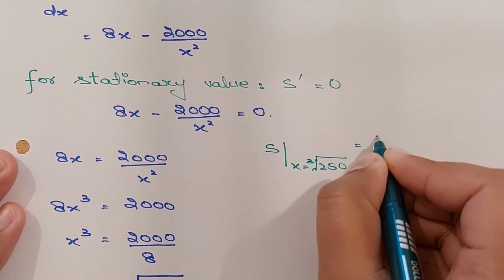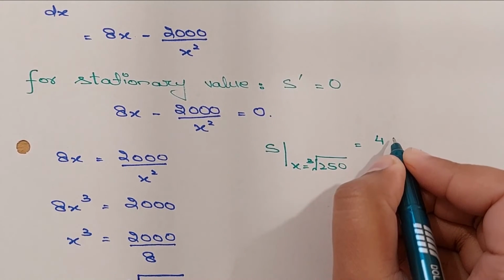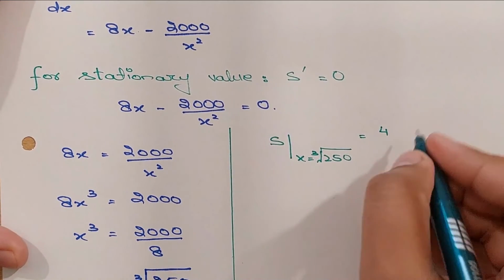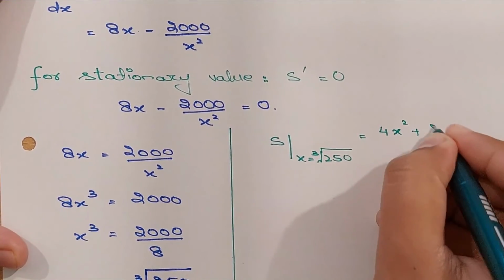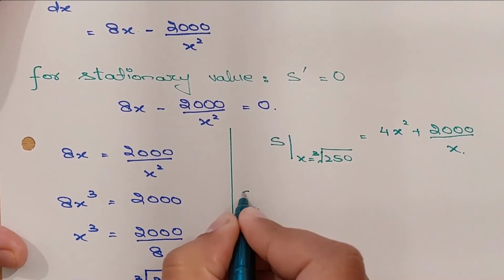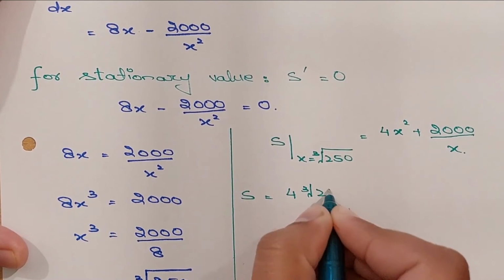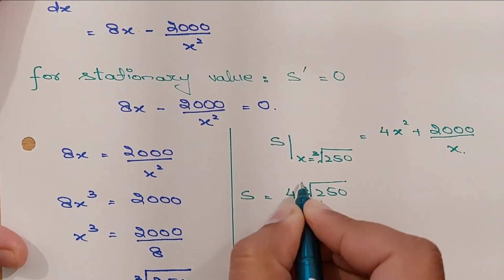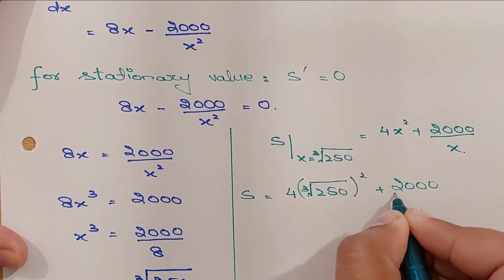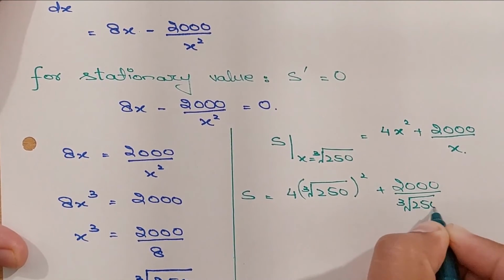This equals 4x square, so we have to do its square, plus 2000 divided by x. So the stationary value is 4 times cube root of 250, its whole square, plus 2000 divided by cube root of 250.